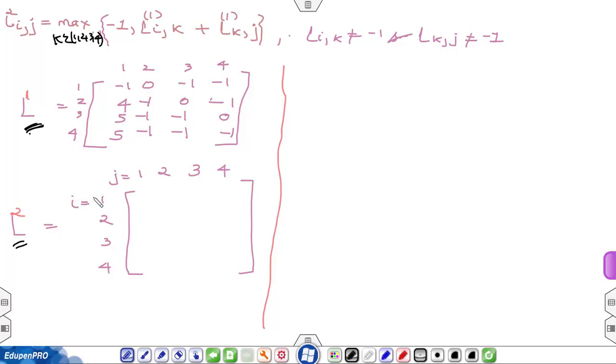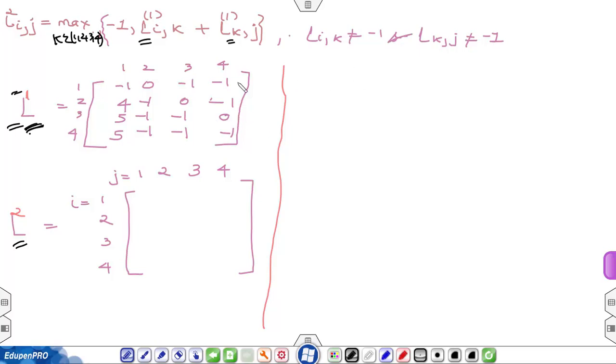The size of L2 is also 4 cross 4, and the equation for L2 looks like this: L2 i comma j equals max over k belonging to 1, 2, 3, 4, of the maximum of minus 1, or Li comma j of matrix 1 plus Lk comma j of matrix 1. So for L2, both elements will be taken from matrix L1. This is always taken from matrix 1, and this is taken from the previous matrix. So for 2, the previous matrix is also 1.